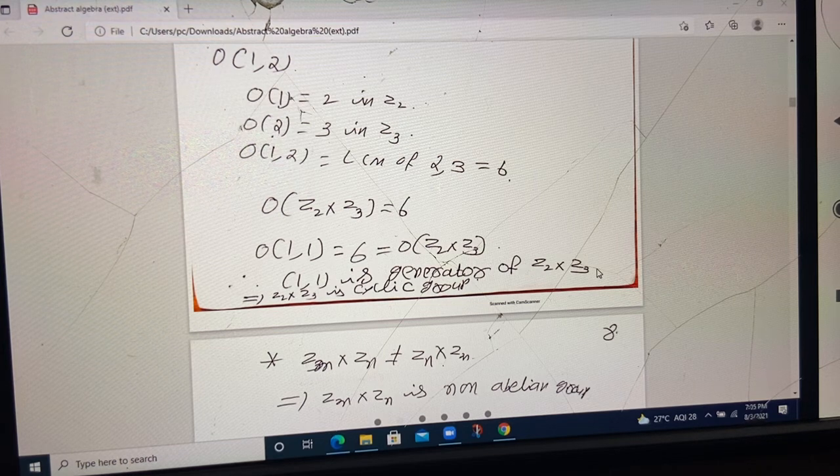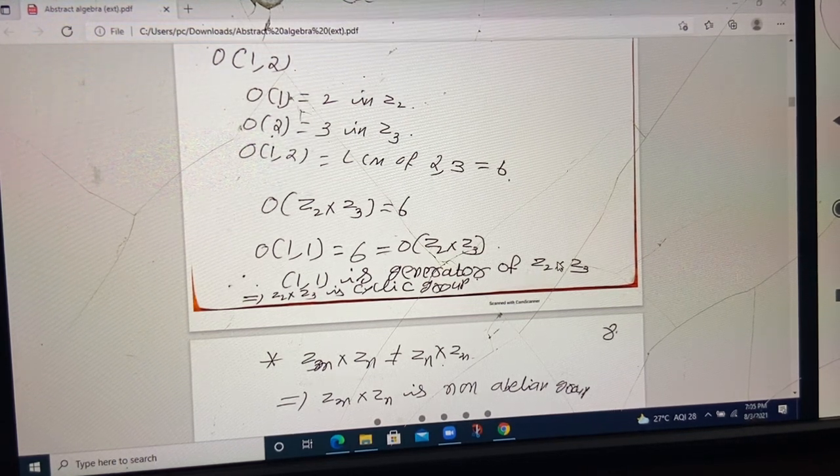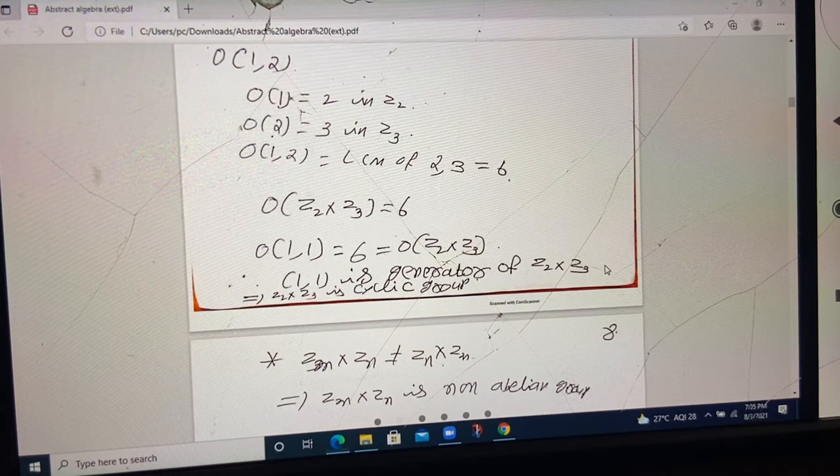Whenever the GCD between the two of them is 1, then such a group is cyclic. For checking whether it is cyclic or not, you need not do all this. Just see whether the GCD of 2 and 3 is 1 or not. If the GCD between 2 and 3 is 1 and individually G1 is cyclic and G2 is cyclic, then G1 cross G2 is also cyclic. Earlier we stated that.